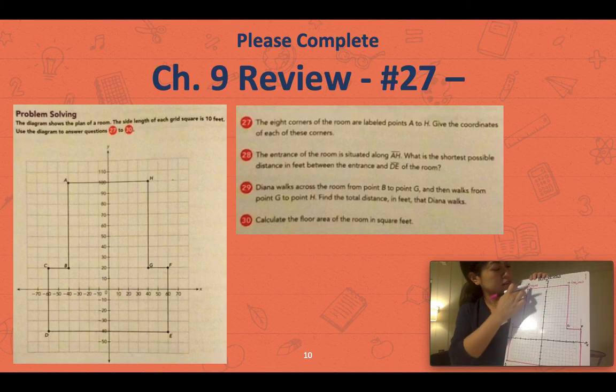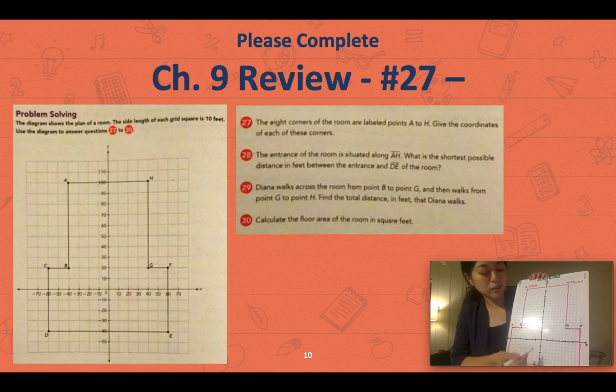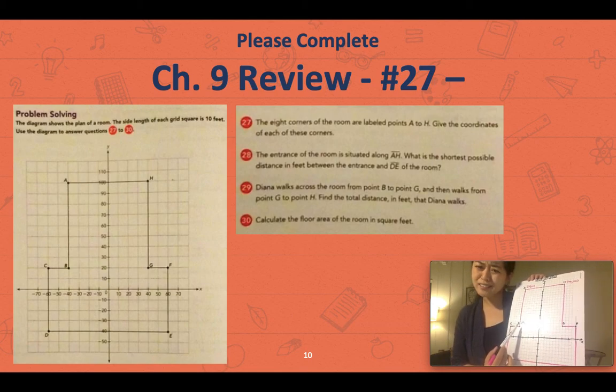Also, we can kind of see over here, B is directly underneath A, so it's just negative 40. We didn't have to count, okay? Now here, I'm going to look at where the y is. It's right here. So let's see, 10, 20. It's positive 20. And again, I notice G reflects B over which axis?